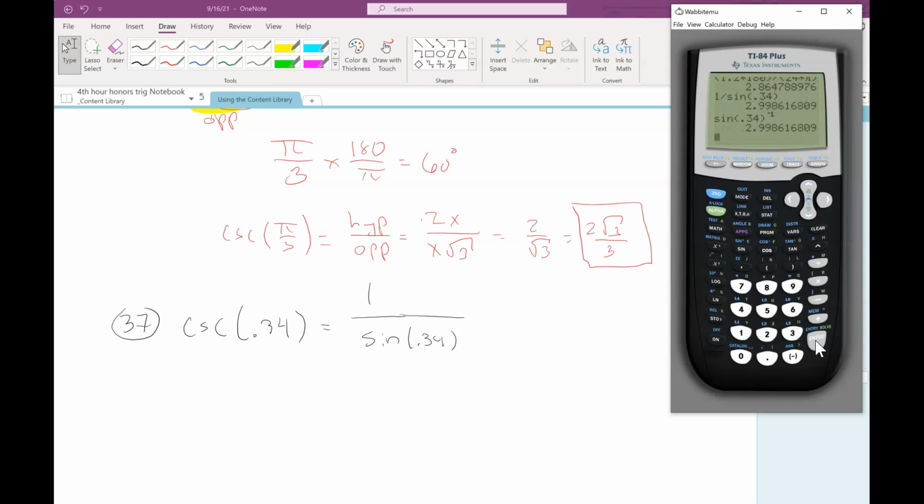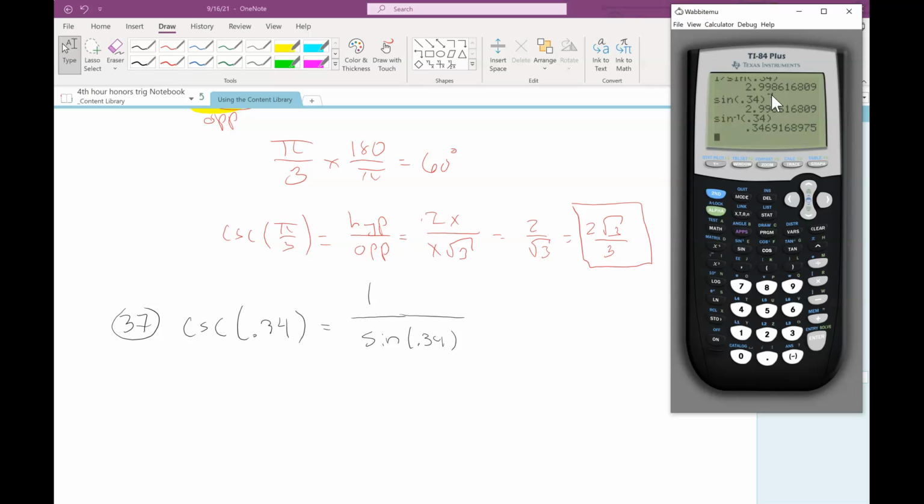What it's not the same as is sine inverse of 0.34. So you see the difference in terms of getting it into your calculator. 1 over sine, fine. Sine of, and then the reciprocal at the end, fine. Sine inverse of, wrong. Is that cool?